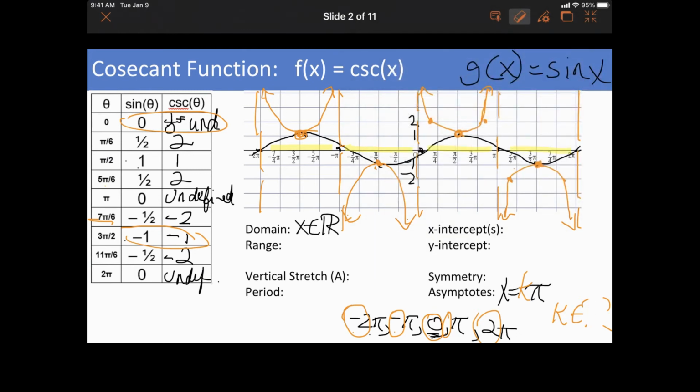I said integers. My hand wanted to do something else. Sorry. It is that nice Z. So here is where the asymptotes are here. So we're going to say all real numbers except where k is not k pi, where k is element of integers.